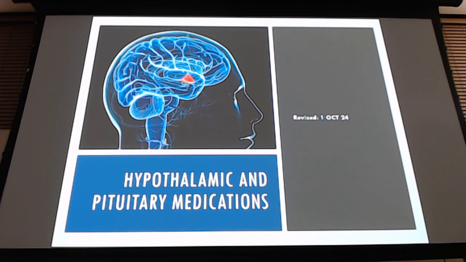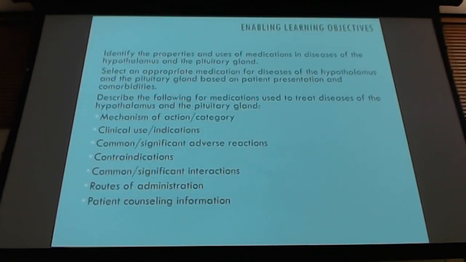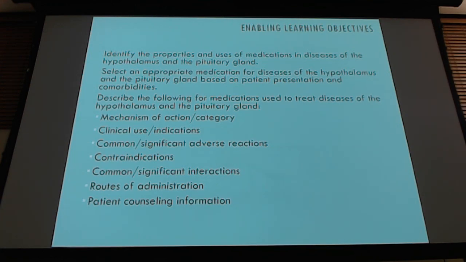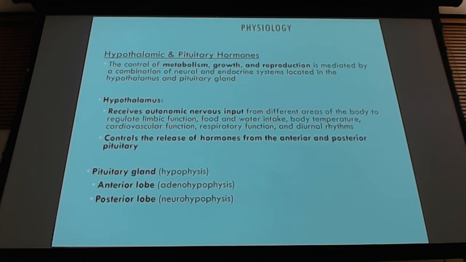Make sure we are highlighting, make sure we are bolding as well. Some of this I have already bolded for you, but if there's anything else, just listen to me so that you don't get too overwhelmed. Here are ELOs listed here, same things that we always talk about. So when we're looking at this, again, we're talking about the hypothalamus, and all of these different hormones.